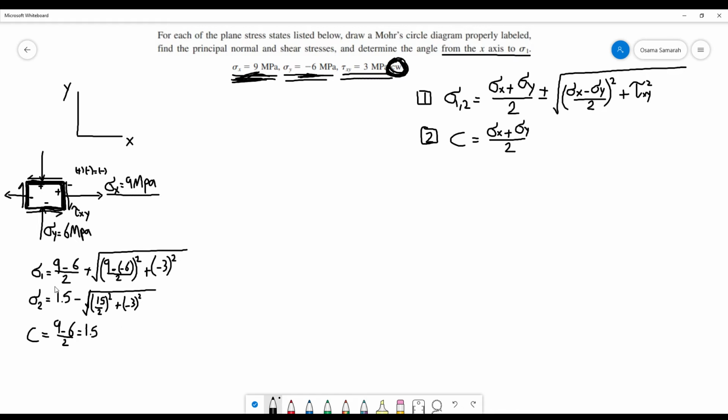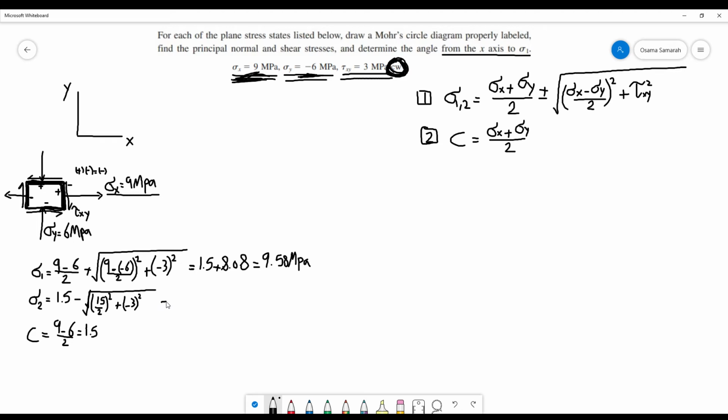This is the center. For sigma 1, the principal stress 1 is equal to 1.5 plus 8.08, which comes out to be 9.58 megapascals.